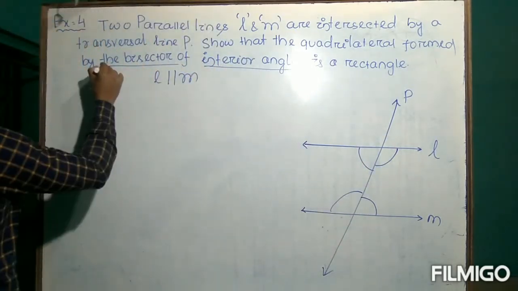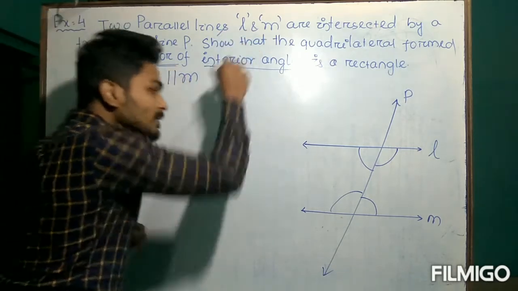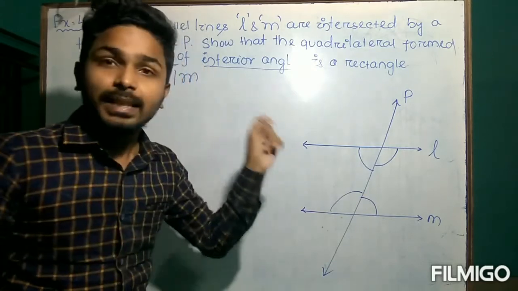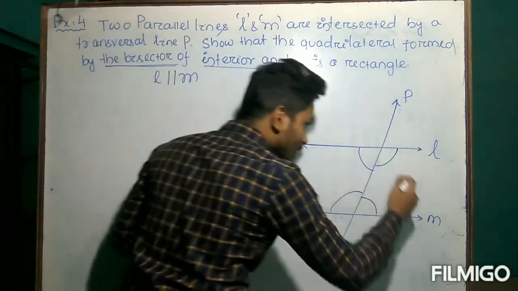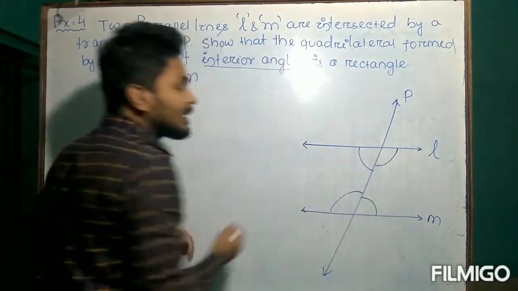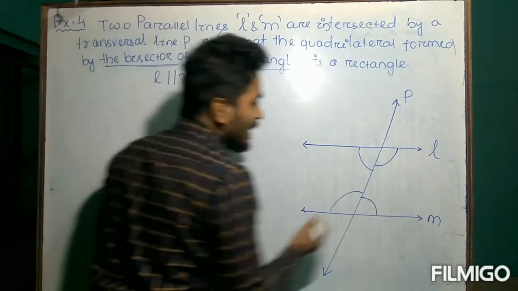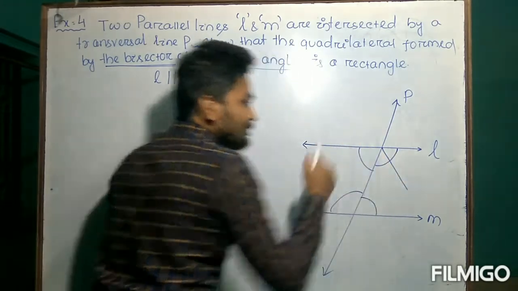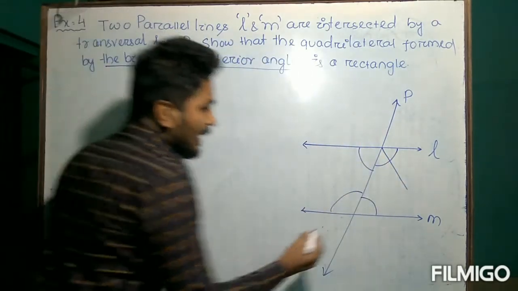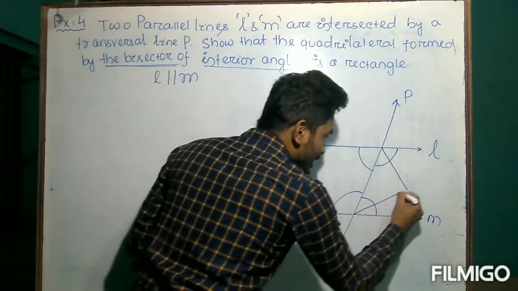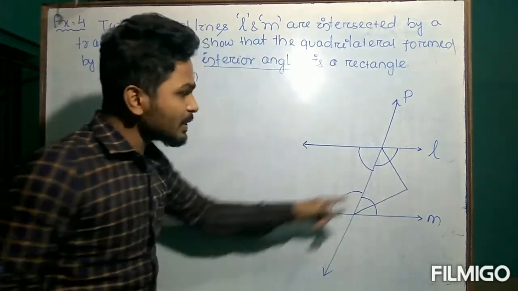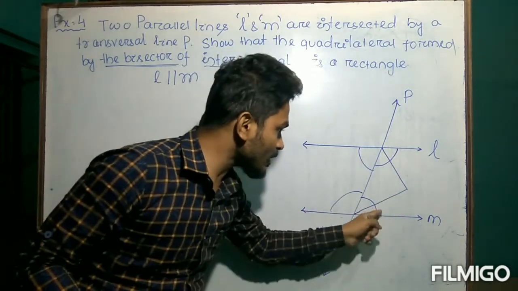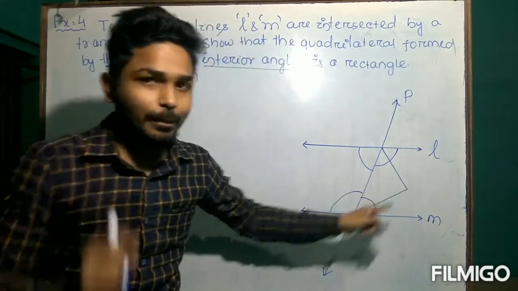So if we draw the angle bisector of each of those interior angles, let's say this is the angle bisector of this angle, and this is the angle bisector of this angle. As you can see, these two angle bisectors meet each other at a common point.